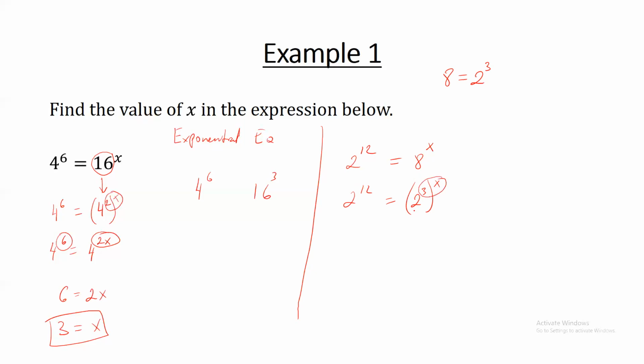We can multiply these exponents now to say that 2 to the power of 12 equals 2 to the power of 3 times x, or 3x. And now that the bases are the same, 12 and 3x must be equal to each other. And if we divide both sides by 3, you see x equals 4. And again, you can try to verify that 2 to the power of 12 equals 8 to the power of 4.